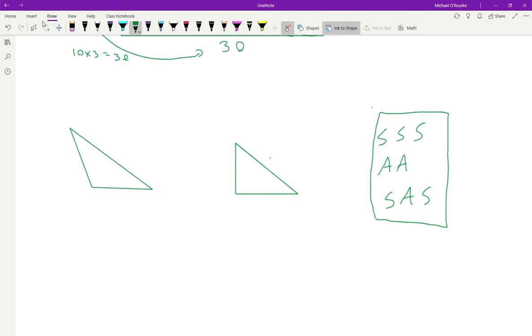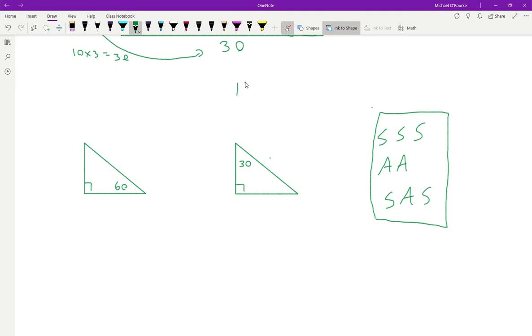Oh, that's a horrible one. Okay. Then let's label this side 90, 90, 30, 60.